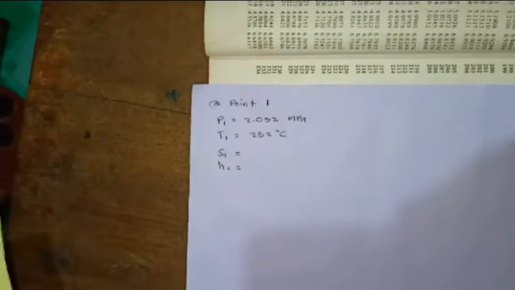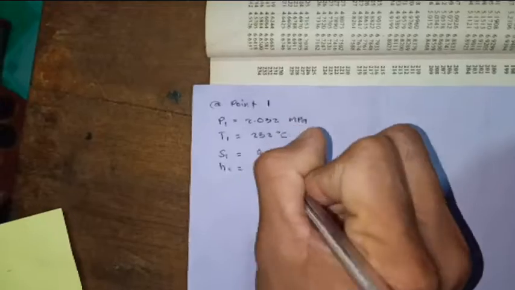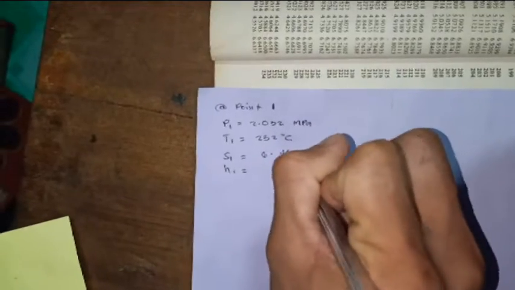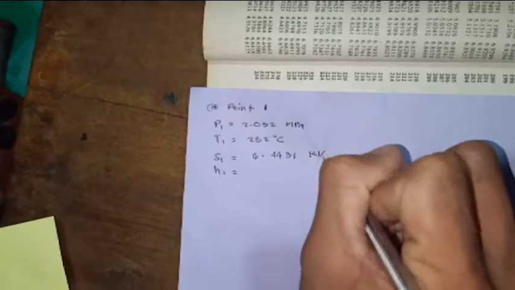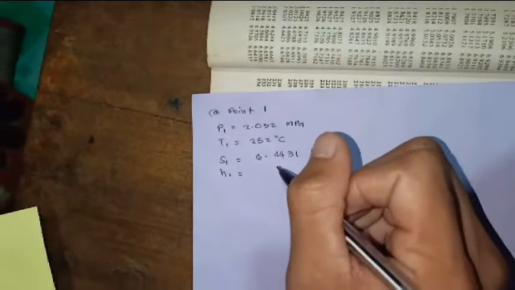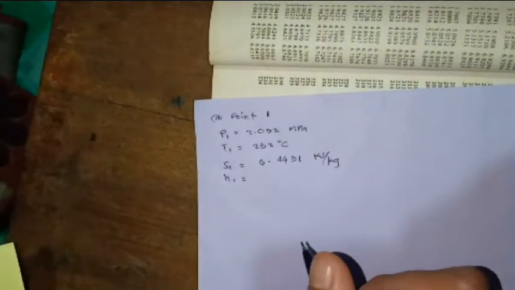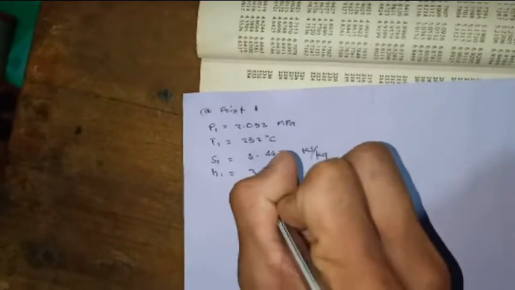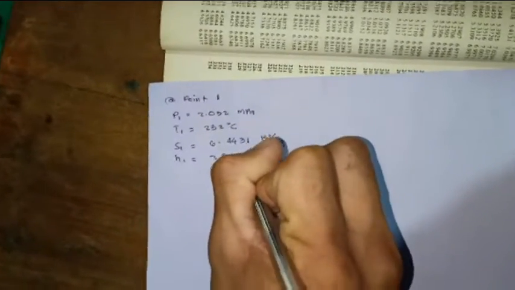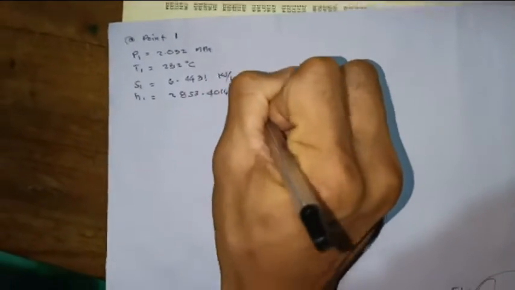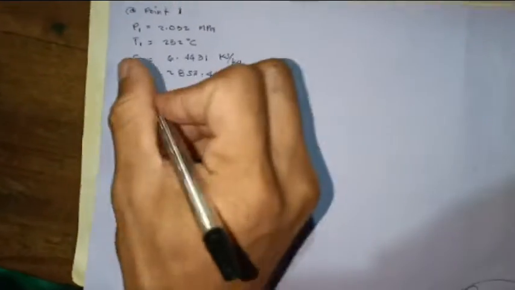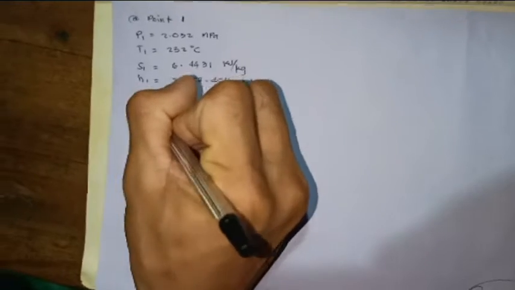So S1 is equal to 6.4431 kilojoules per kilogram K, and H1 is equal to 2853.4016 kilojoules per kilogram.